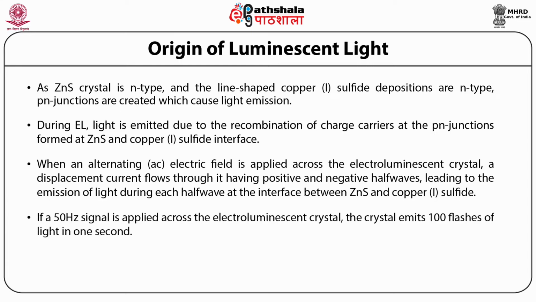If, for example, a 50 Hz signal is applied across the electroluminescent crystal, the crystal emits 100 flashes of light in 1 second. The diagram showing the emission of light at 50 Hz is shown in figure 3.